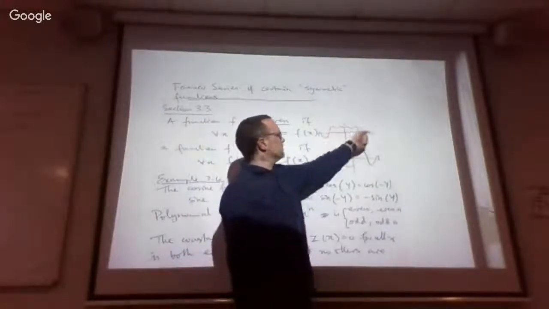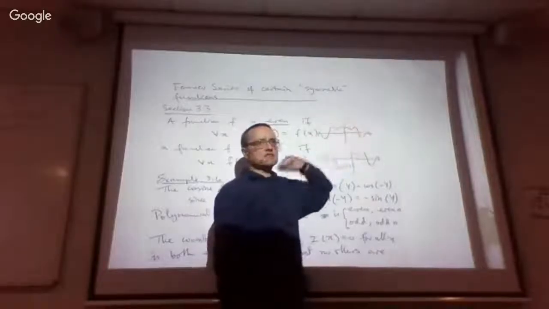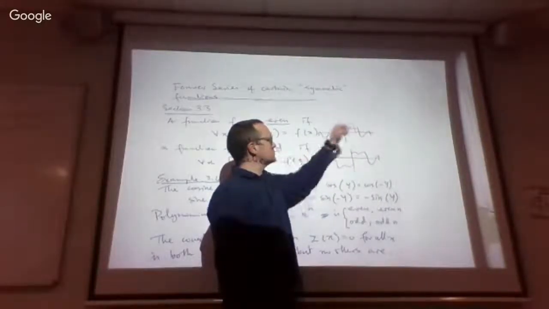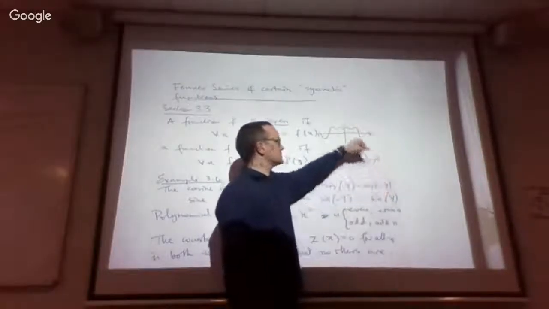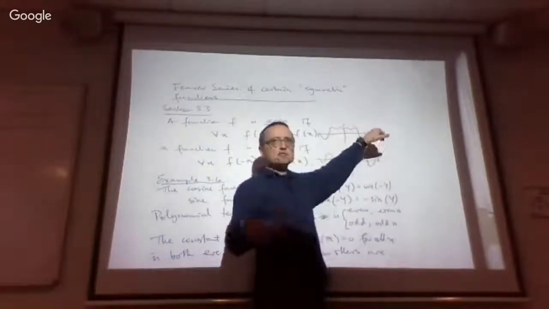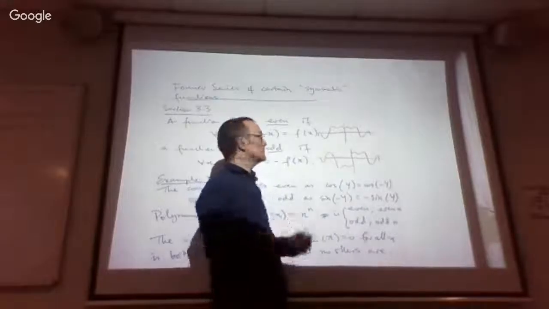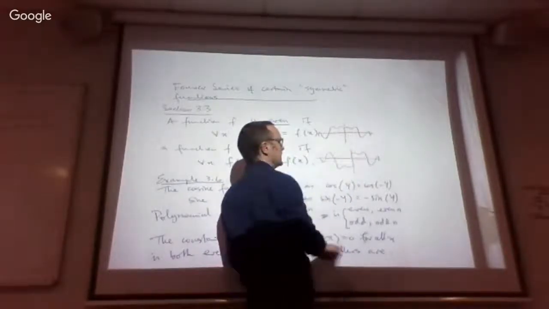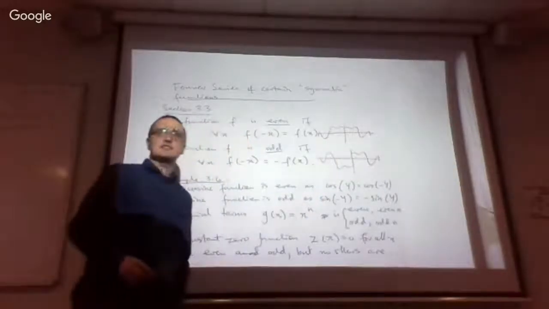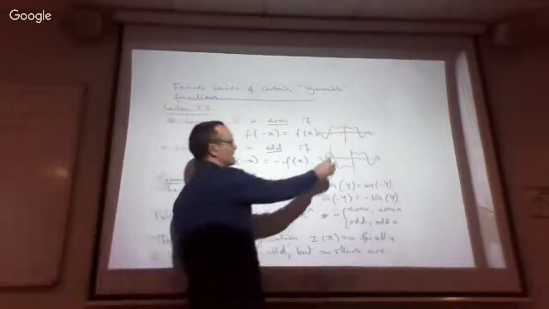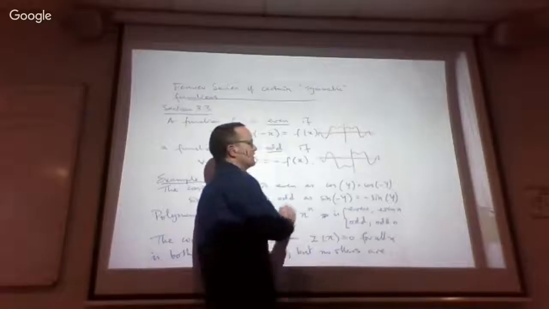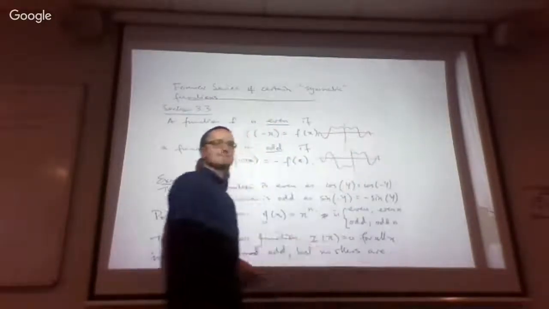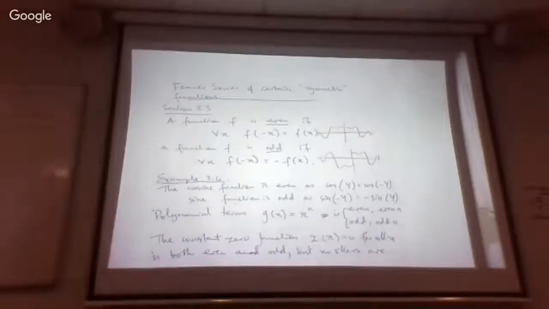So if you're integrating an even function across an interval centered at 0, whatever answer you get is going to be equal to 2 times the result of integrating it over just the positive bit. Because whatever area there is underneath the function on the right-hand side is replicated exactly on the left-hand side. So if you're integrating from minus pi to pi, it's equal to twice the result of integrating from 0 to pi. It's kind of easy to appreciate from the picture.